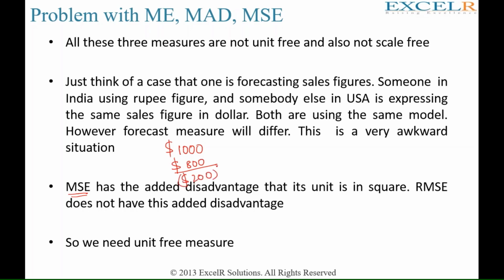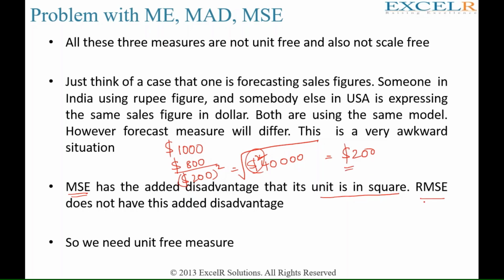If you square the error, you'd get dollar square, and dollar square doesn't make sense. So since units are getting squared, you take the square root of that, and you'll get $200. So the units which got squared, you're getting back those units.